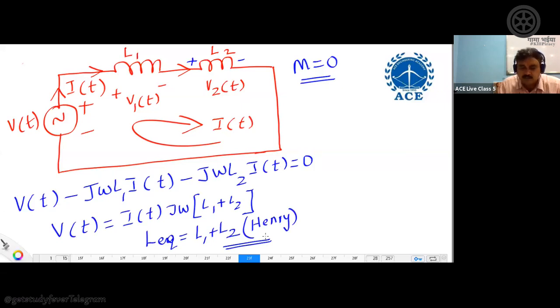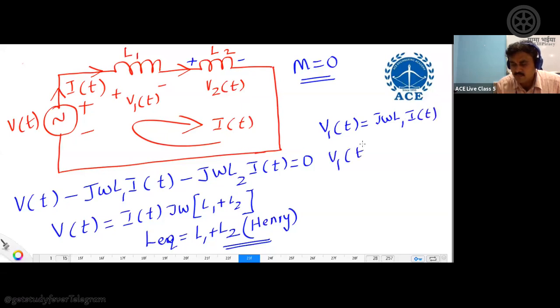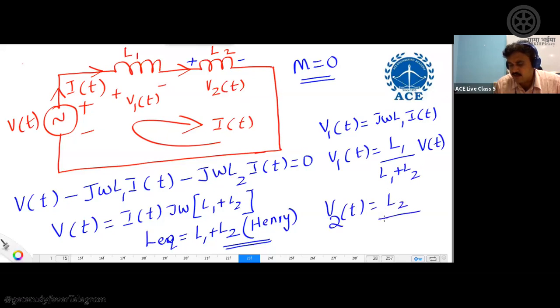Okay. Now what is V1 of t? You can express this as j omega L1 into I of t. So you can write this as L1 by (L1 plus L2) into V of t. Similarly, what would be V2 of t? This is L2 by (L1 plus L2) into V of t.